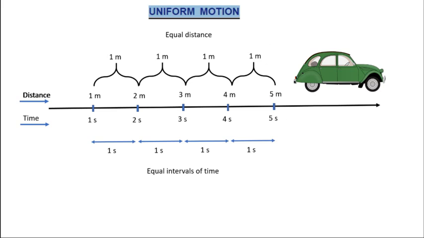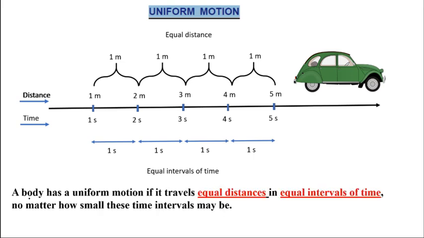Right? If the question is asked in the exam to define uniform motion, you should remember two important words. One is equal distance and another is equal intervals of time. You can even underline them in your definition, like a body has a uniform motion if it covers equal distance in equal intervals of time, no matter how small these time intervals may be.